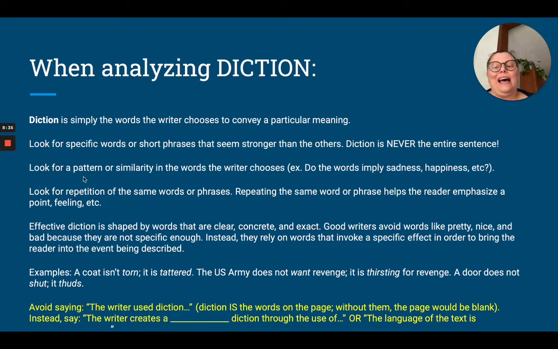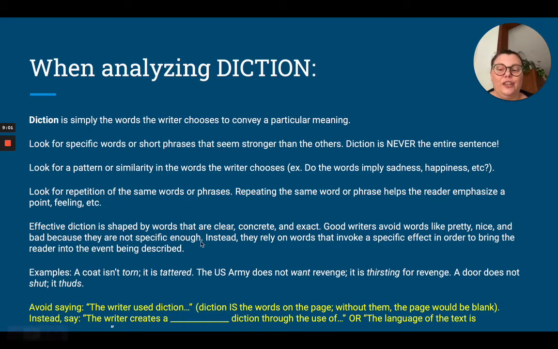Look for a pattern or similarity in the words the writer uses. Do the words imply sadness, happiness? Examples we've looked at, they use very strong descriptive language, and that's what you're looking for. Look for repetition of the same word or phrases. Repeating the same word or phrase helps the reader emphasize a point or a feeling. Again, think of the I have a dream.